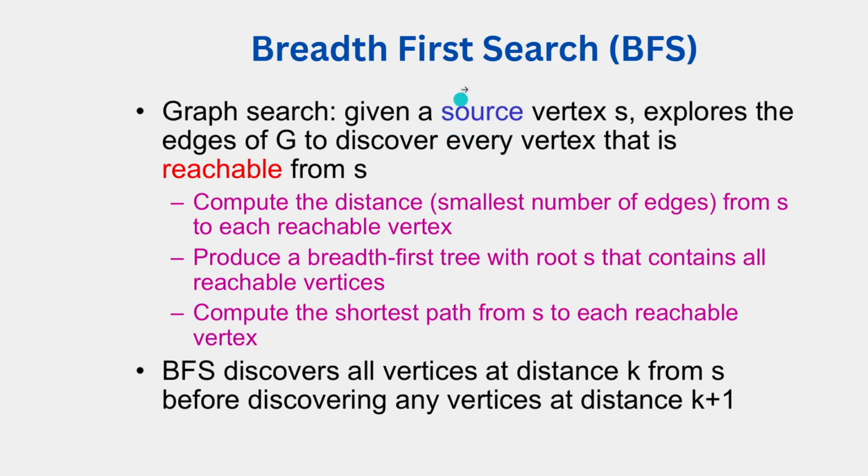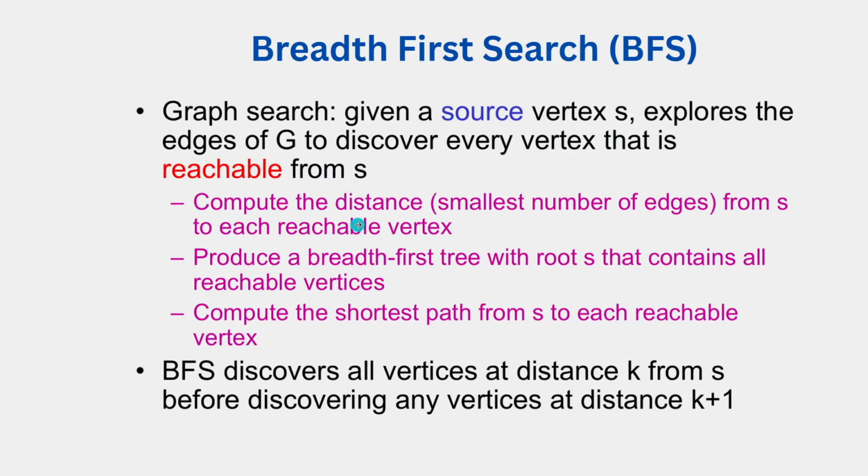Here is again an explanation of breadth first search. Given a source vertex S, we try to explore the graph G and discover every vertex that is reachable from the start vertex.